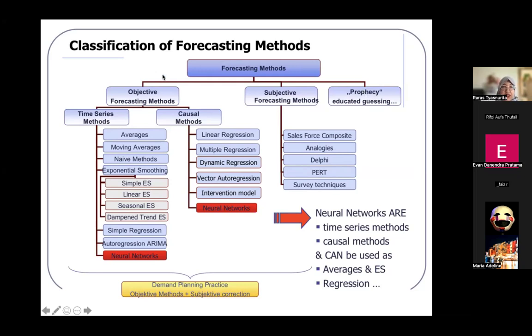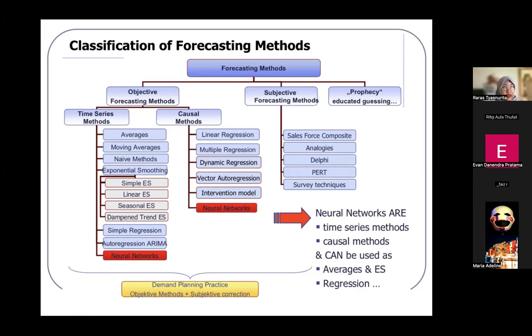The Prophet model is part of the objective forecasting methods because it is more about decomposition of patterns. It divides your pattern into trend, seasonal, and other patterns. That is how you decompose your data pattern, and then make sure that all of these patterns are included as input to do the forecast.